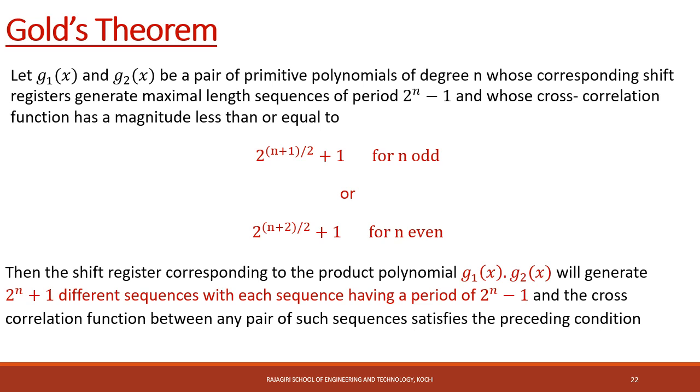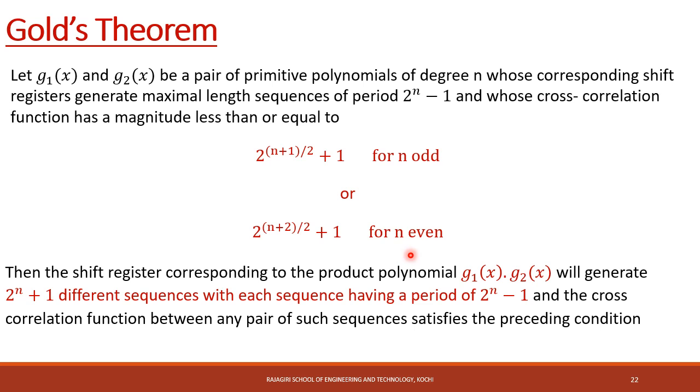According to Gold's theorem, we are having two primitive polynomials g1 of x and g2 of x, of degree n. And each maximal length sequence will be of period 2 raised to n minus 1. According to Gold, the cross correlation will have a magnitude less than or equal to 2 raised to (n plus 1)/2 plus 1 for odd values of n, and 2 raised to (n plus 2)/2 plus 1 for even values of n.